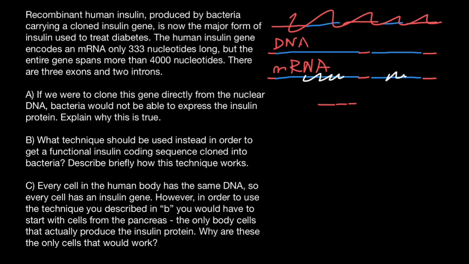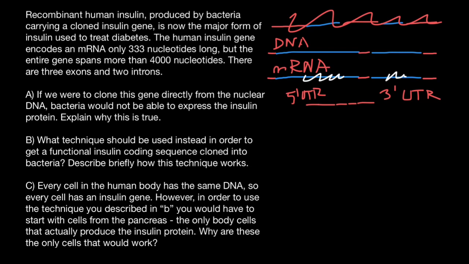For example, here we can find the 5' end untranslated region, or 5' UTR, which also includes the 5' cap. Post-transcriptional modification also includes addition of the poly A tail, which is going to be the 3' UTR, the 3' end untranslated region.